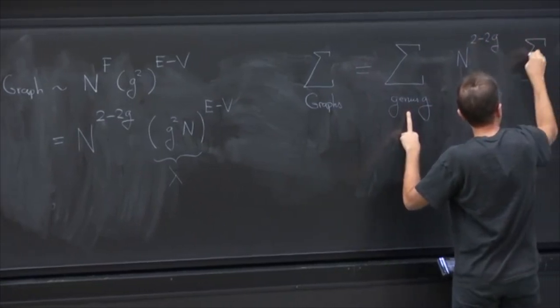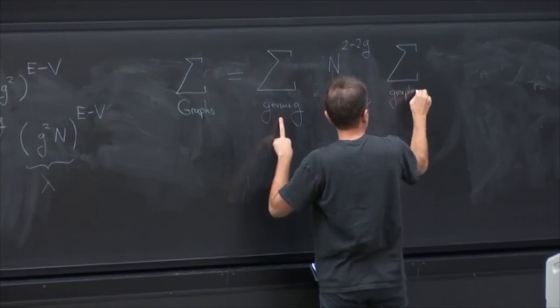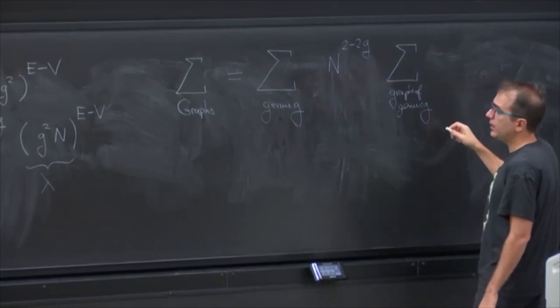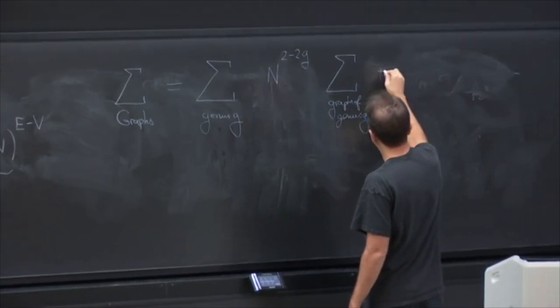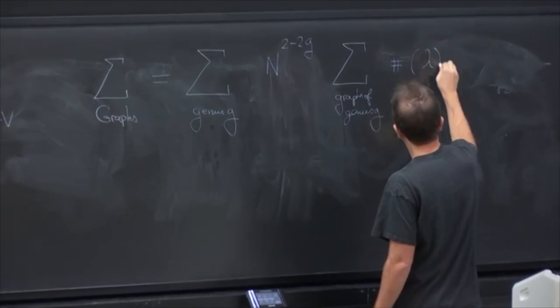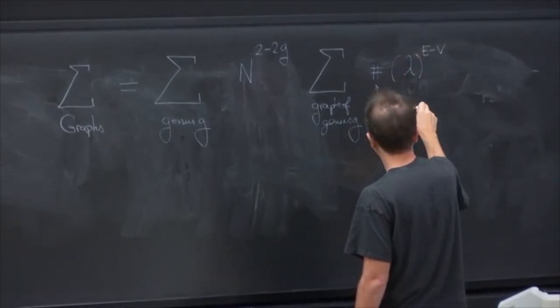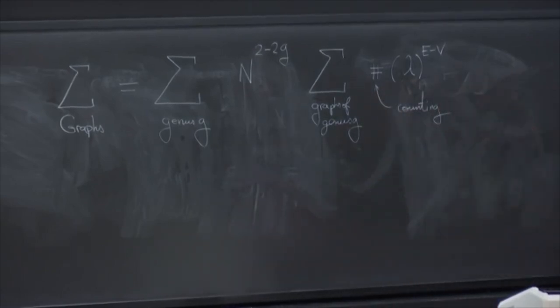Then I sum over all graphs of genus G, and that summation comes with some symmetry factor times lambda to the power e minus v. This is just some counting of how many equivalent graphs there are, like the 3, 9, and so on that we were getting.